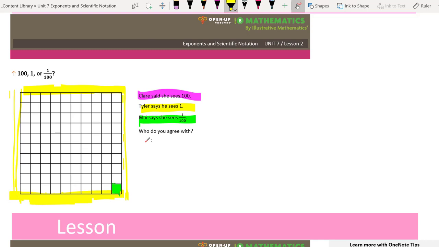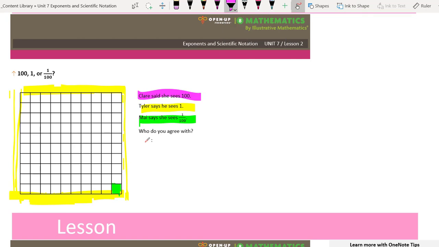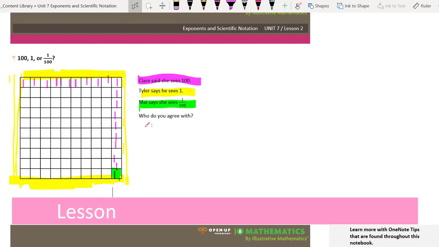And then for Claire, Claire says she sees 100. Well, if you look at all these squares and you counted them all, you would count to 100. Or a 10 by 10 square, there's 100 little smaller squares inside the one large square that Tyler sees. So depending on your point of view and your reasoning, you could agree with any of them or all of them.